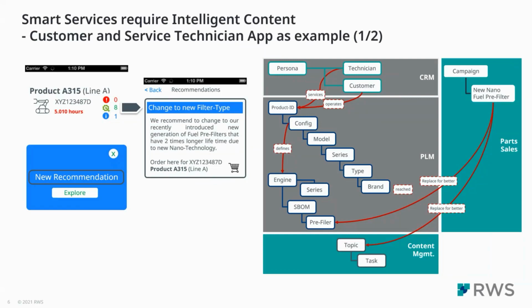But with this, in the context of maintaining, we could recommend replacing a filter because it provides added value, because it has a longer lifetime due to new technology, and would therefore save time for the customer. So you can actually communicate value with that approach. After that is replaced, and that's also part of the integration, this is then managed with the digital twin of the product.